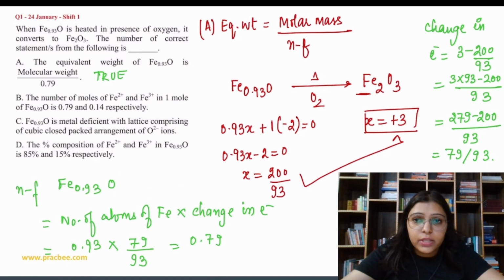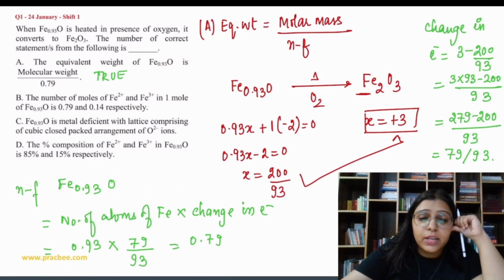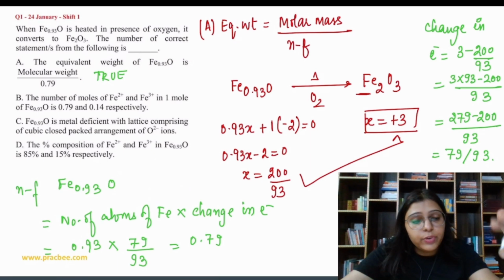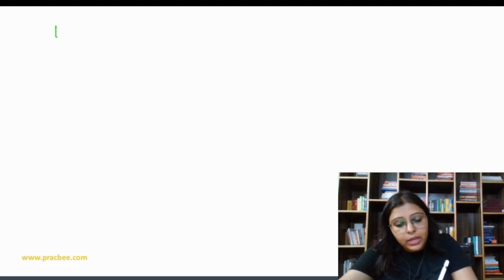Now let's check the second statement. The second statement says the number of moles of Fe2+ and Fe3+ in 1 mole of Fe0.93O is 0.79 and 0.14 respectively. It means we have to find out the number of moles of Fe2+ and Fe3+. So basically, this is Fe0.93O.